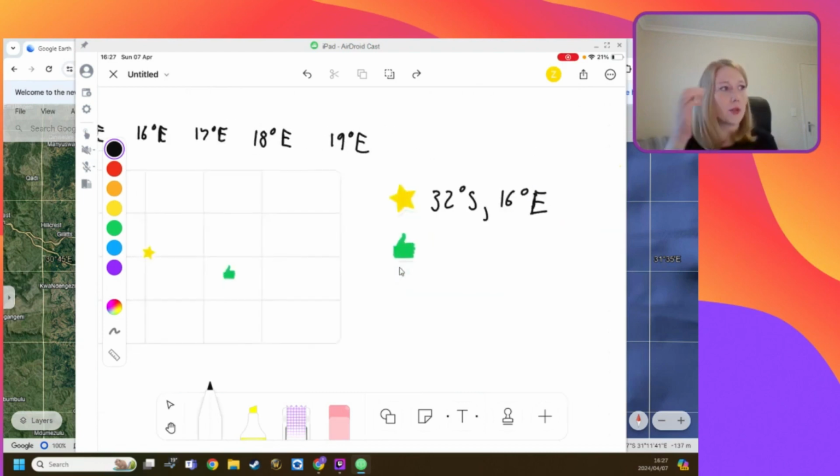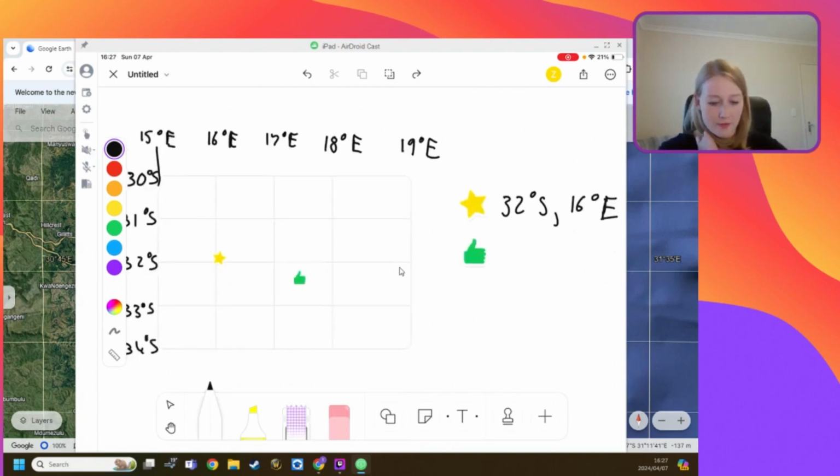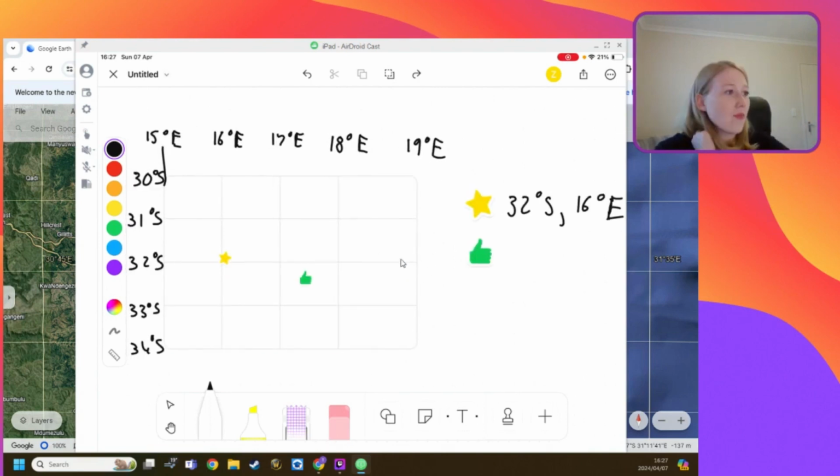So let's start with the degrees, with south. Now you'll see that it's between 32 degrees south and 33 degrees south. That means it's not at 33 yet. It's at least 32, but it's not 33.